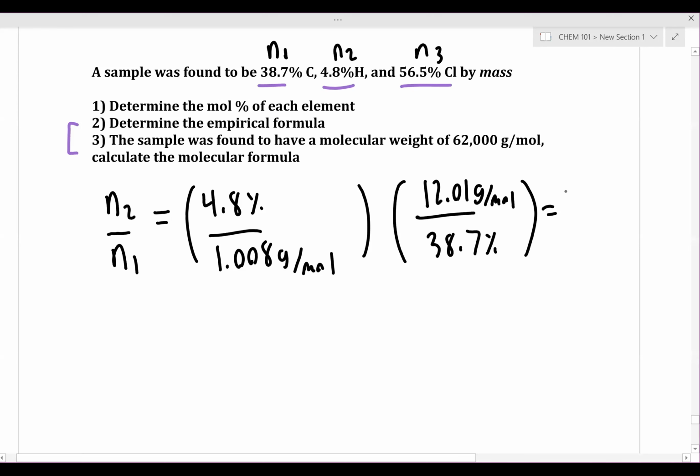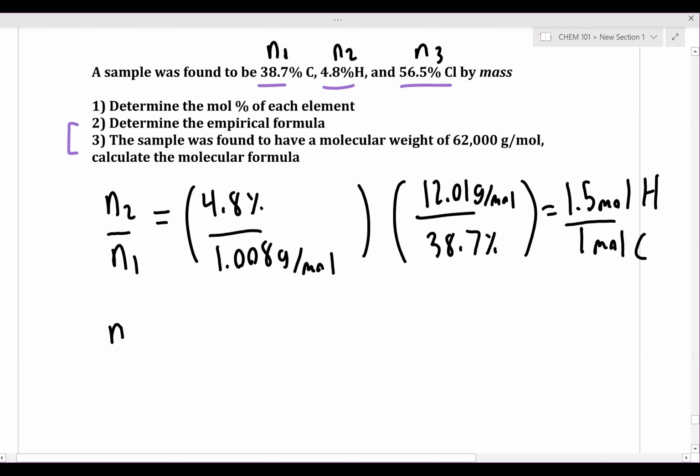So then we know that we have 1.5 moles of what per 1 mole of what? What is on top? What is N2? Hydrogen. So this is moles of hydrogen per 1 mole of carbon. This is important. If you mess up your labels, you can end up with an answer that's substantially off, and you may end up assigning your subscripts incorrectly.